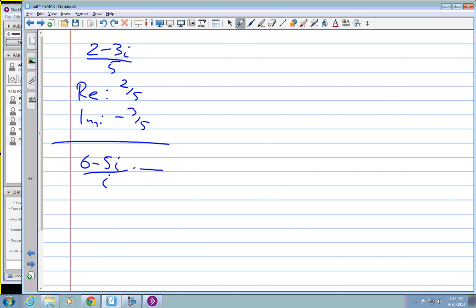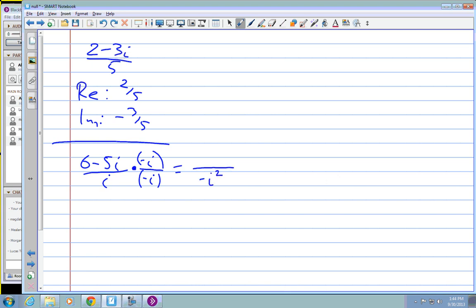What do you have to multiply by? Yeah, multiply by the complex conjugate. So technically, what is the complex conjugate of i? Negative i. So multiply top and bottom by negative i. Okay? So in the denominator, you'll get negative i squared.